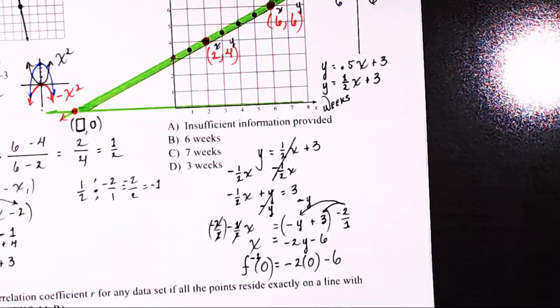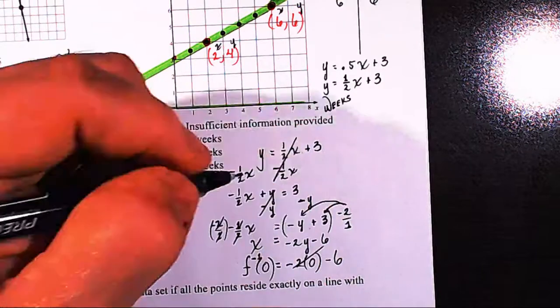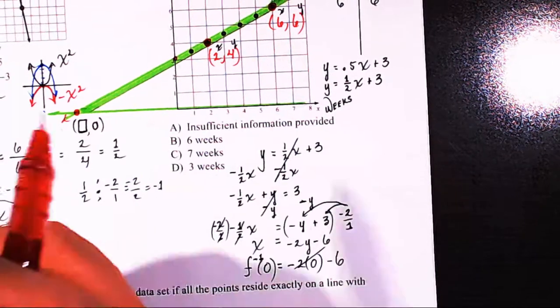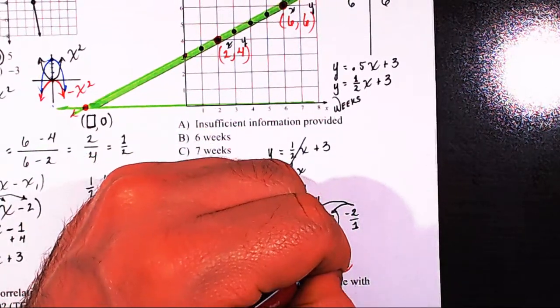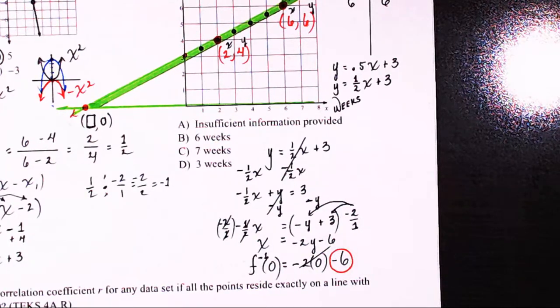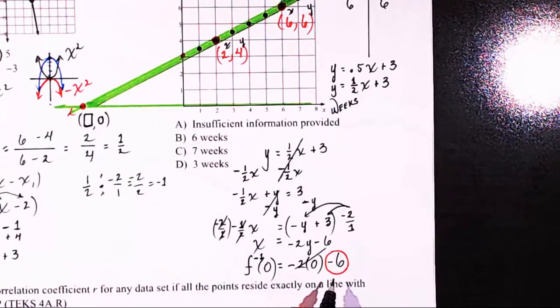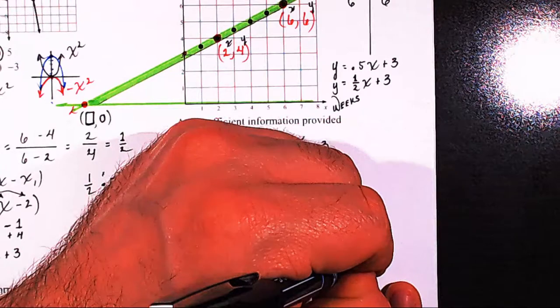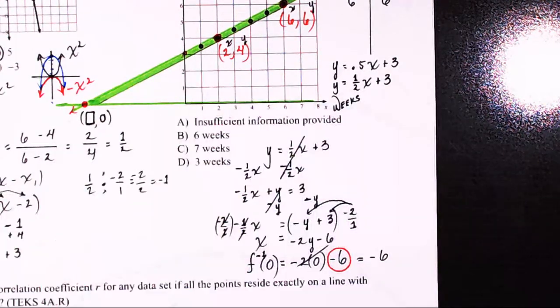Well, negative 2 times 0 is 0. Okay, so that just cancels out, leaving me with minus 6. Right, and that's the x value we were looking for. So this equals negative 6. When y is 0, x is negative 6.